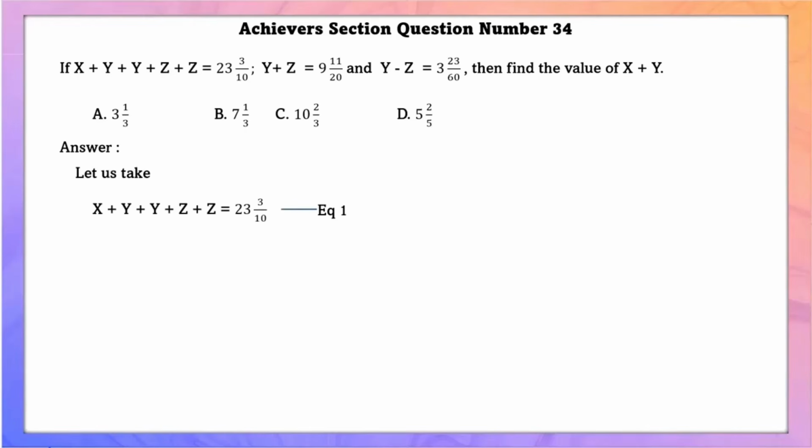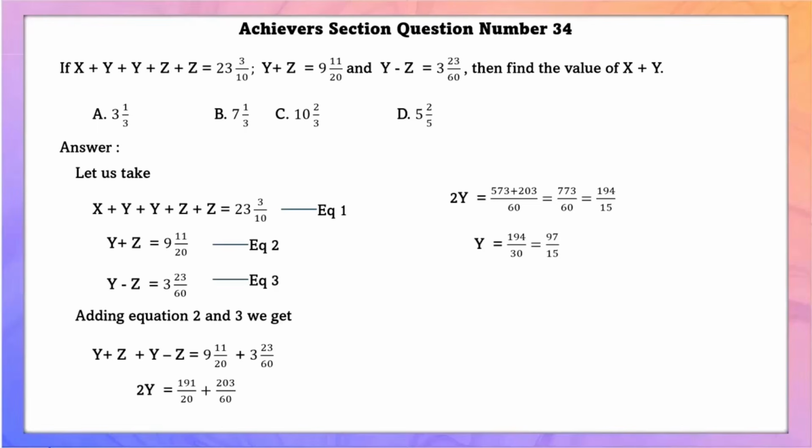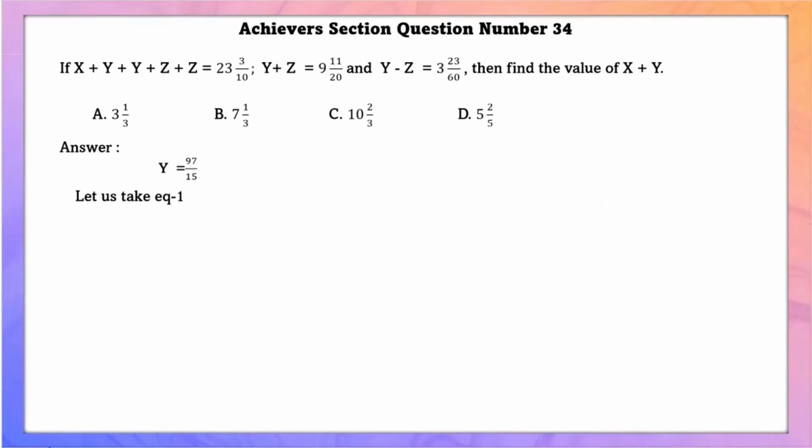Let us take x plus y plus z is equal to 23 3 by 10 as equation 1 and y plus z is equal to 9 11 by 20 as equation 2 and y minus z is equal to 3 23 by 60 as equation 3. Adding equation 2 and 3, we get 2y is equal to 191 by 20 plus 203 by 60. If we solve for y, we will get the value of y as 97 by 15.